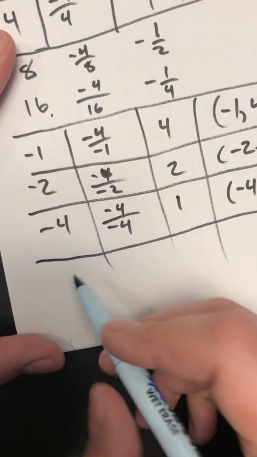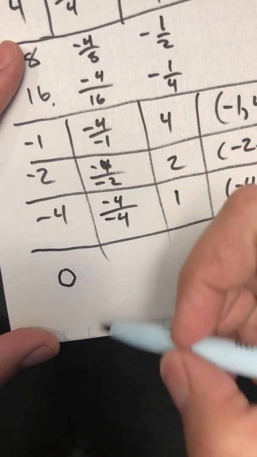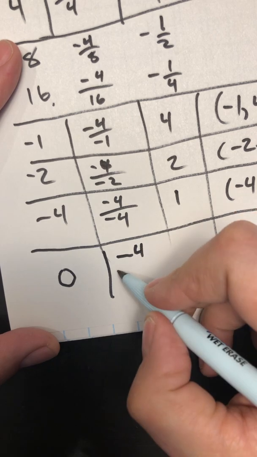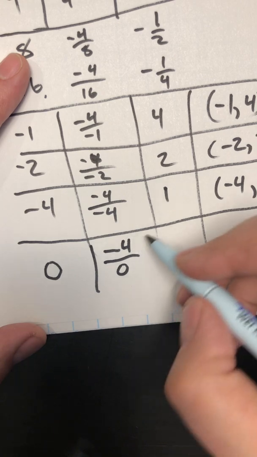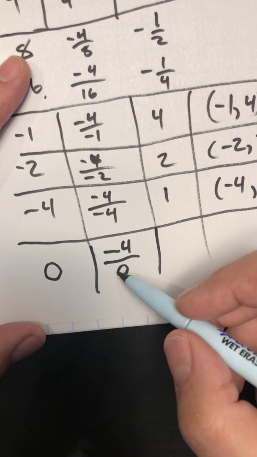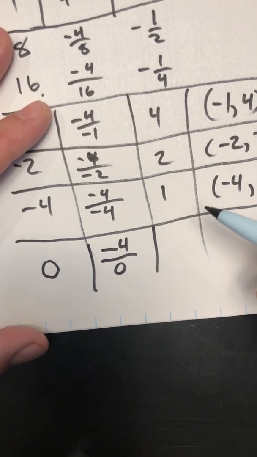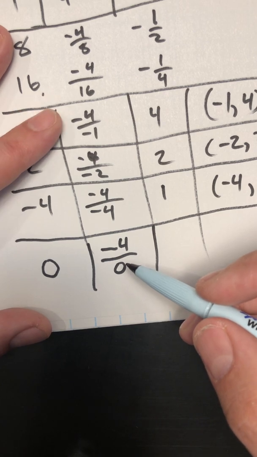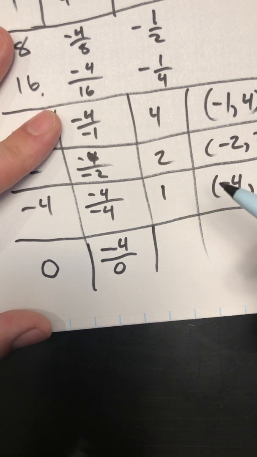Let's look at 0. What happens when x is 0? That means I have negative 4 over 0. Can I have negative 4 over 0? I can't. That's an undefined fraction. It's an undefined slope because let's look at it.